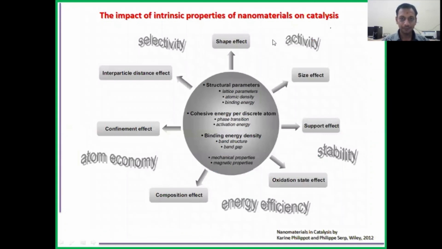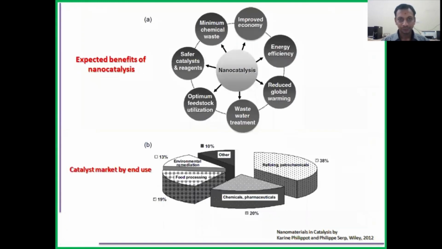So the shape effect, the size effect, the interparticle distance effect because of dispersion, the confinement effect, and the oxidation state effect we can get by using these nanomaterials in catalysis. Using nanomaterials in catalysis is called nanocatalysis. These are very good advantages: improved economy, energy efficiency, reduced global warming, wastewater treatment, and many other fields.